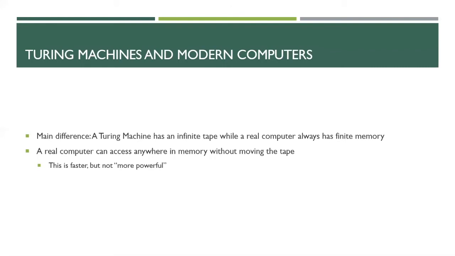Obviously a Turing machine would be incredibly slow by today's standards. We've put this into silicon, and it's super fast because it's really small. But in terms of what algorithms you can express with a modern computer versus a Turing machine, actually a Turing machine is more powerful than a modern computer, which might surprise you.